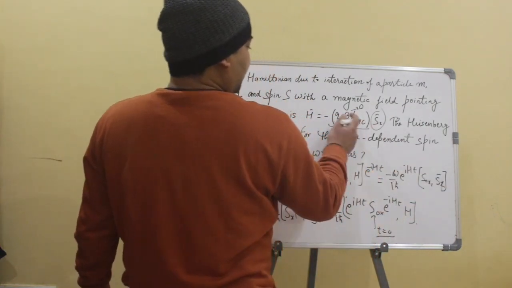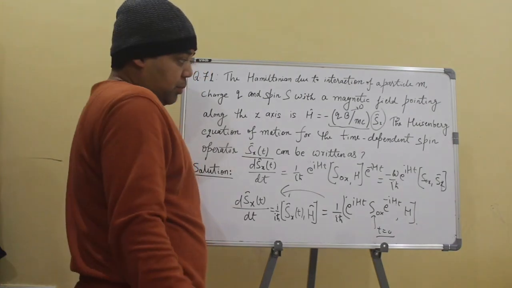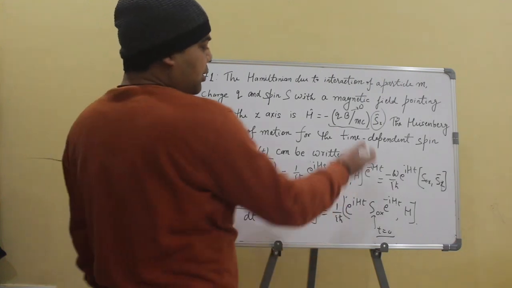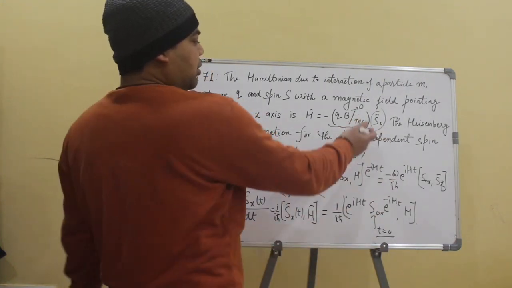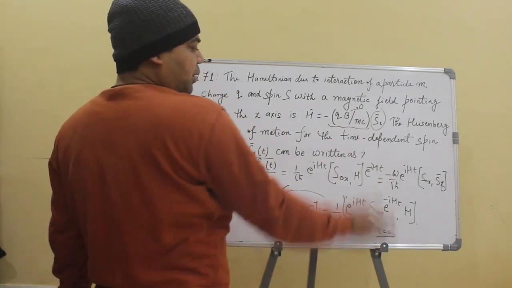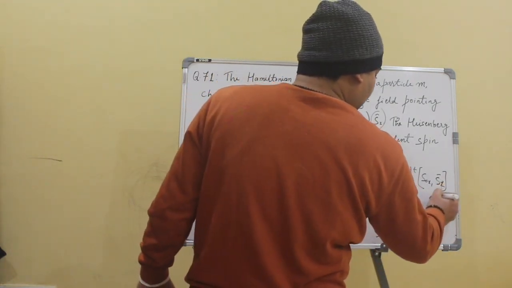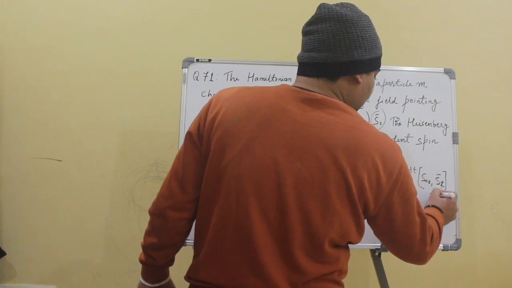This commutator doesn't depend on any of these variables. These are constants basically. Charge is constant, magnetic field is constant, mass is constant, and obviously the speed of light is constant. So you are left with this along with the e to the power minus i H t.